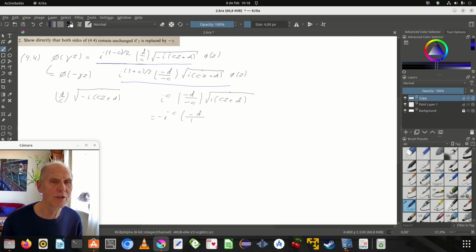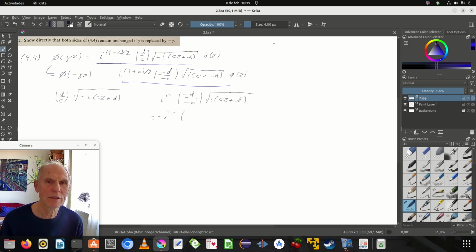A minus does not mean that the number is negative. So let's take a look at the symbol, what actually happens.